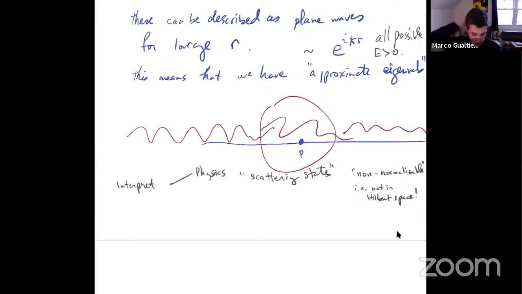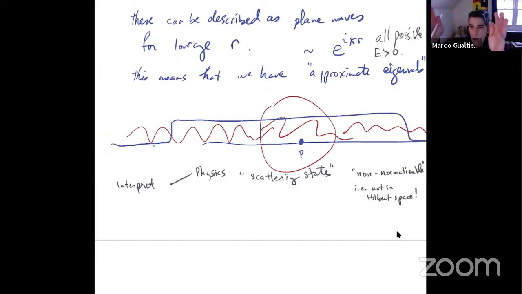So what's their interpretation? Well, one way to think about them is to cut them off at some point. So for a given radius, we could just multiply by a bump function that makes the solution defined in the interior of this ball or this interval, and then 0 outside.